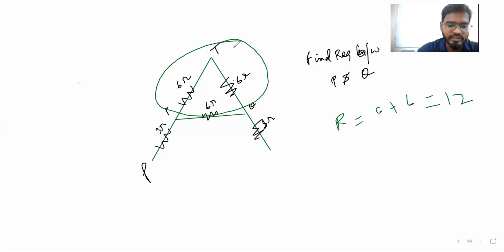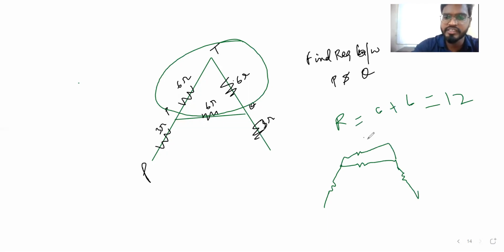After that, the remaining thing here: this is 12, this is 6, this is 3, this is 3.